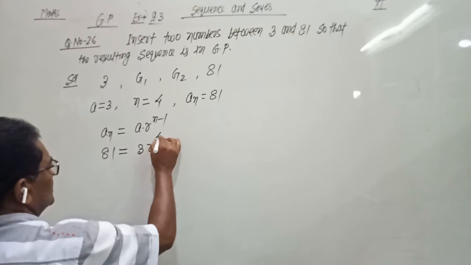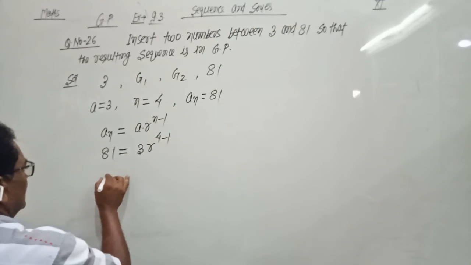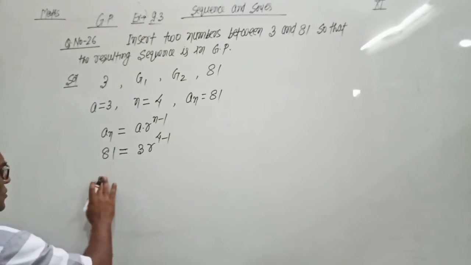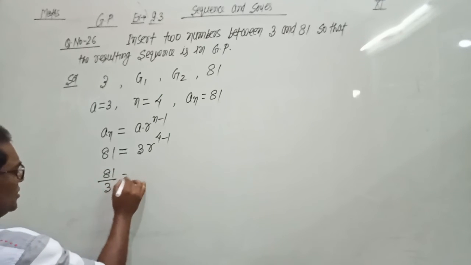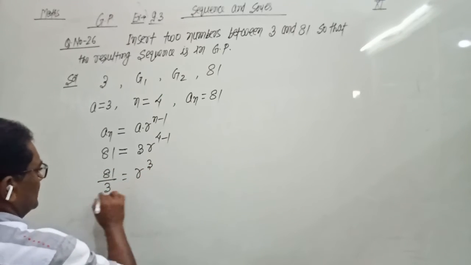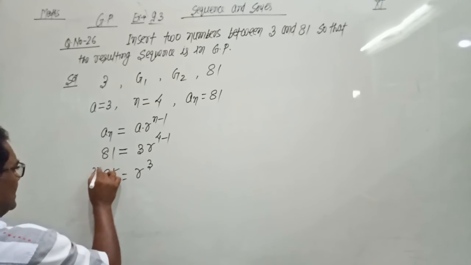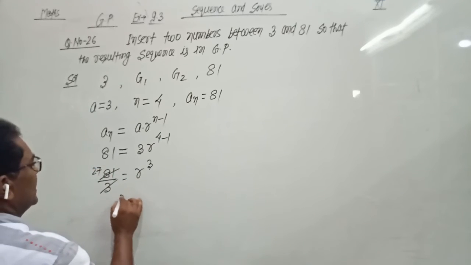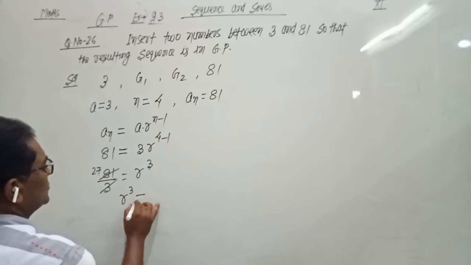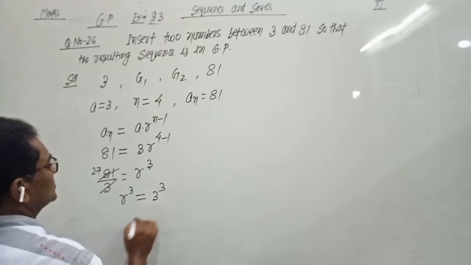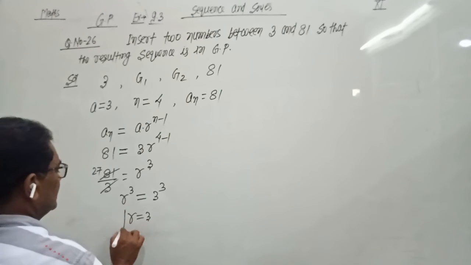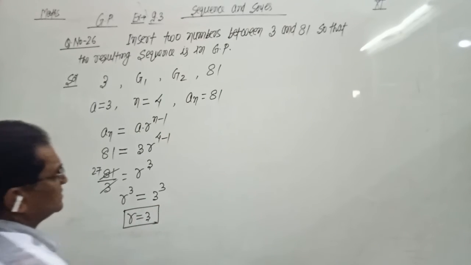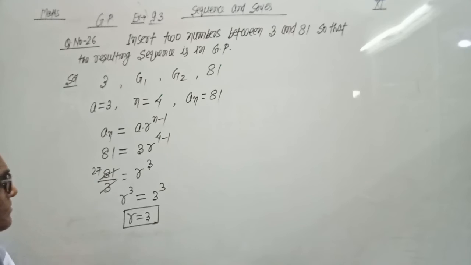Total number of terms is 4, so 4 minus 1. 3 goes to the denominator. 81 upon 3 equals R raised to the power 3. And 27 into 3 is 81. So R cube is equal to 3 raised to the power 3, and we get the value of R equals 3. This is the common ratio.